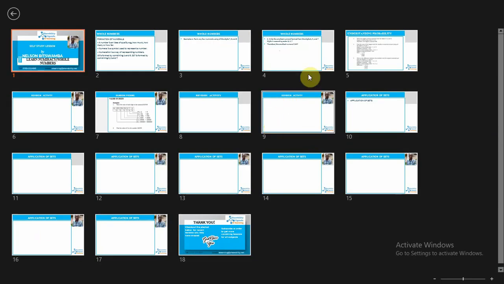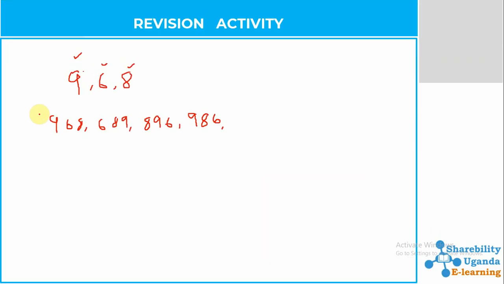For us, as our biggest numeral, when you look at this for the biggest numeral, we have 968, 689, 896, then 986. So we can say that one is the biggest numeral among all.